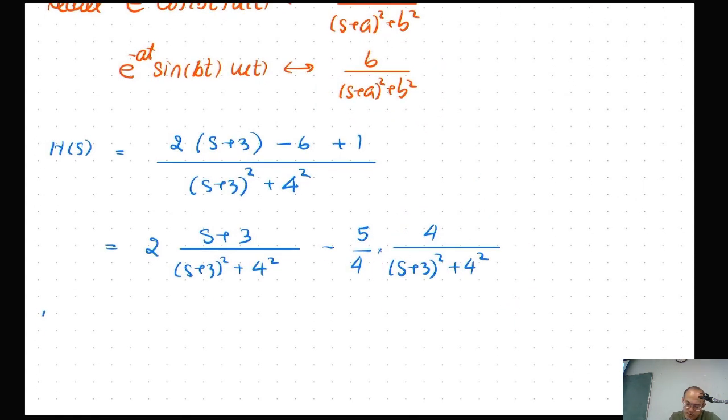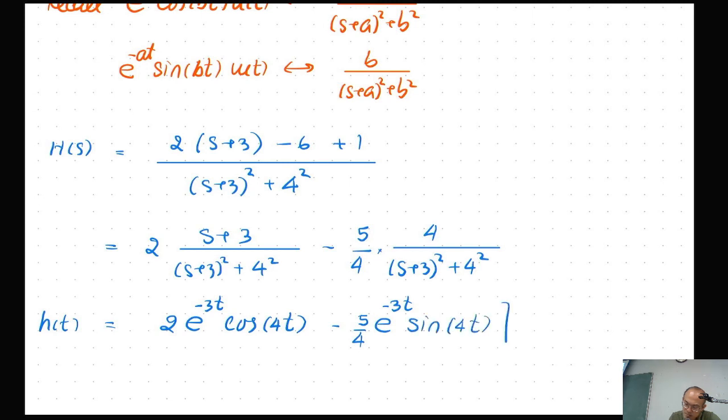And so h(t) is equal to the first term, which is 2e^(-3t) cosine of 4t, right? And the second term is minus 5/4 e^(-3t) sine of 4t, and then multiply all the way through by u(t).